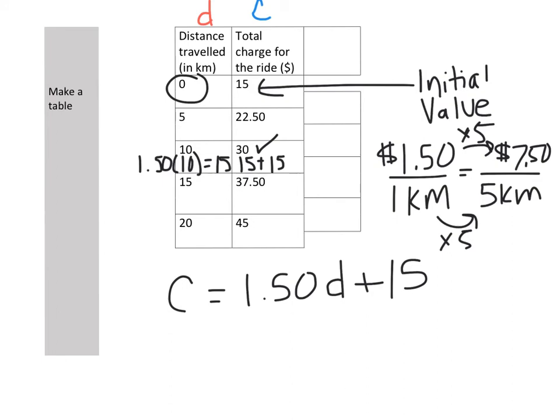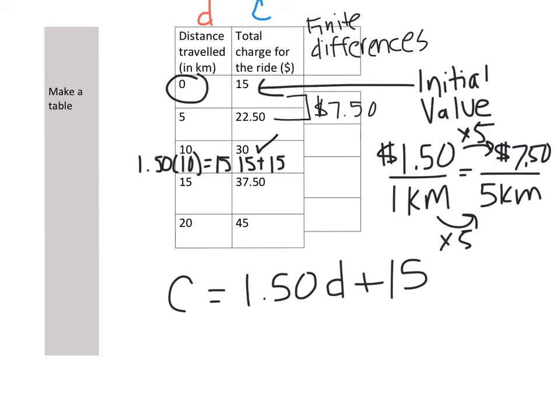Now we're going to calculate the finite differences and put those into the last column in our table. The finite differences are found by subtracting the y value above from the y value below in the table. So we're going to take the second y value, 22.50, and subtract the first y value, 15, to get $7.50.